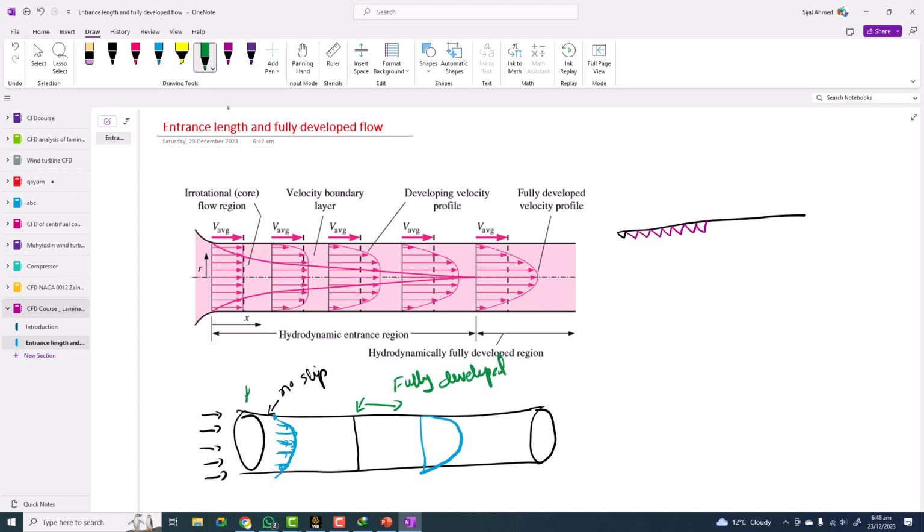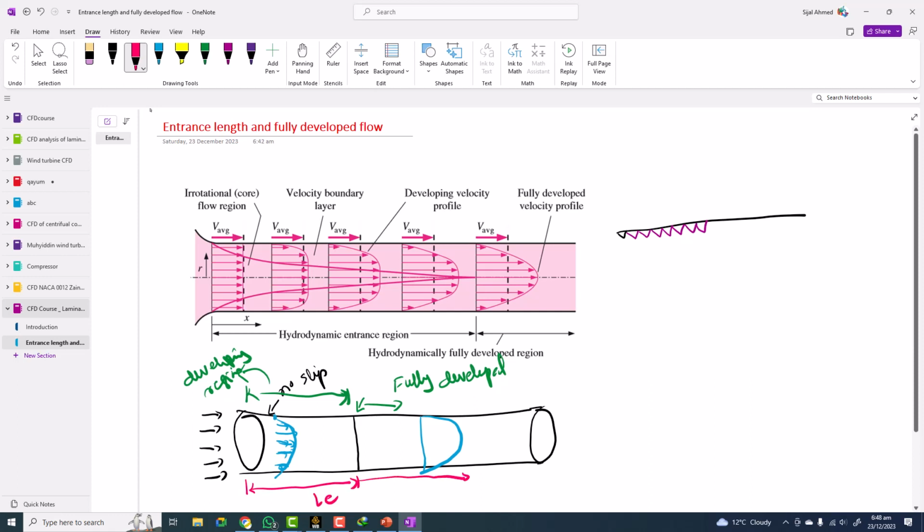And in this region, the flow is still developing. So we can call this a developing region. Also we denote this region by the length L_E, and there's no limit on this length.